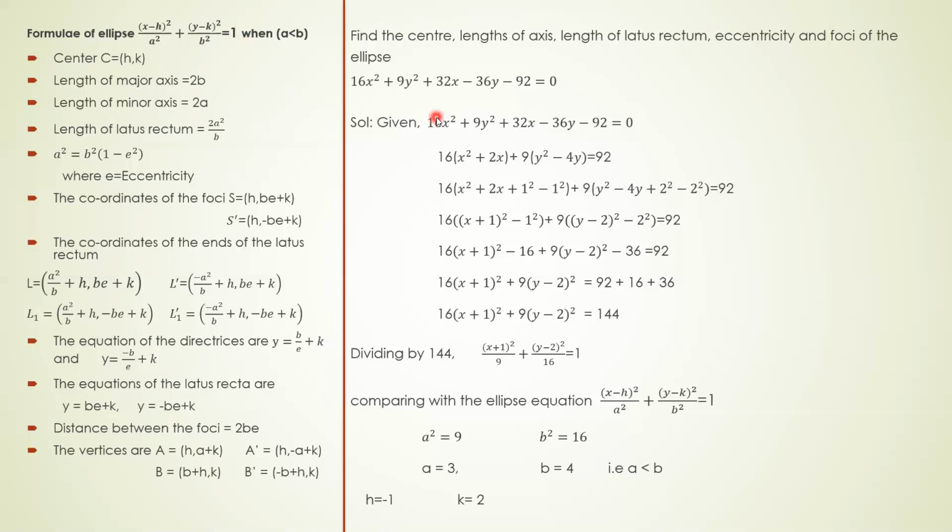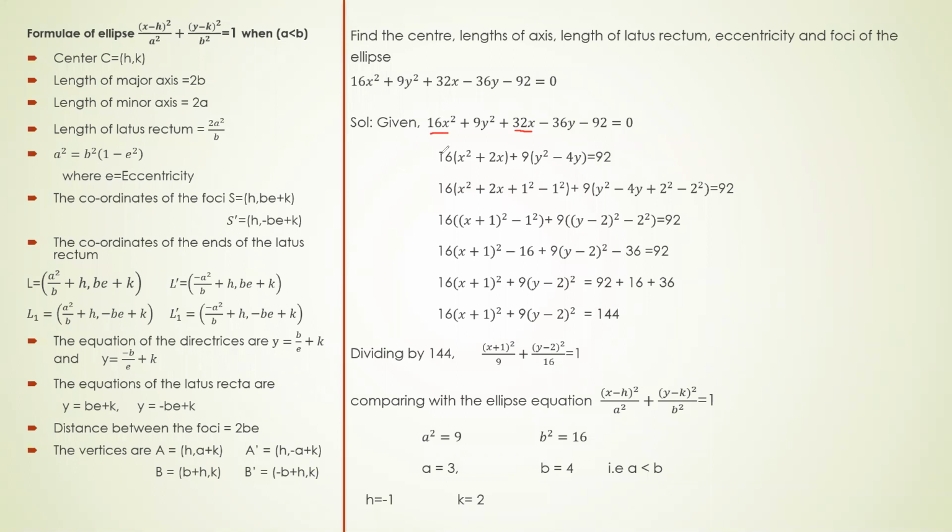So we have to arrange this such that we can compare with our standard ellipse form. To do so, first, wherever the x term is there, I will take it on one side. In this problem, we have 16x square and 32x. I'll take them on one side, and here I will take 16 common.